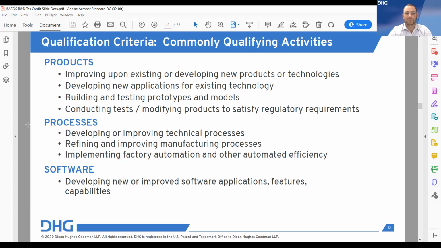As it relates to processes, the one thing I'll say first is that it doesn't have to be a manufacturing process. That's typically the most common qualifying process that we see with the R&D tax credit. However, it could be another technical process. For example, there are a lot of companies right now doing lab testing due to COVID.